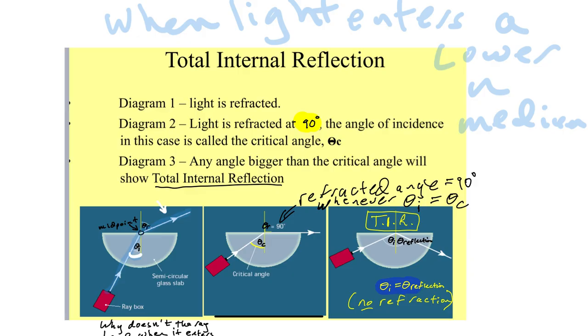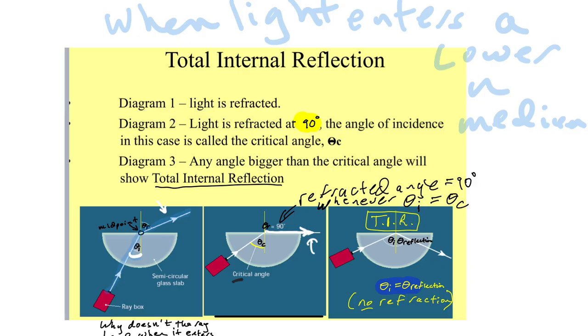Eventually, the refracted ray is going to, as you can see here, refract right along the boundary. When that incident angle gets to a critical angle, that's when that happens.